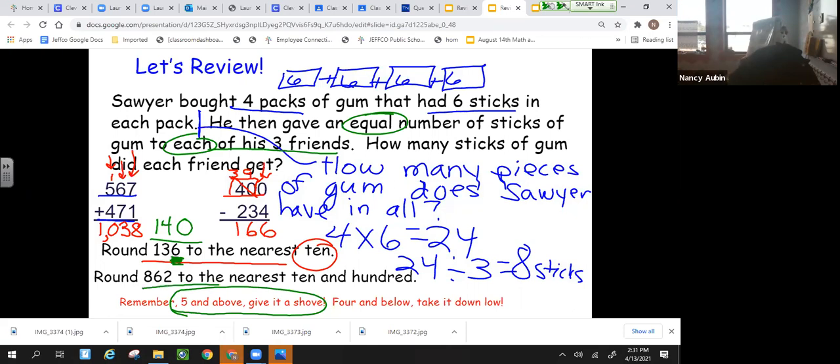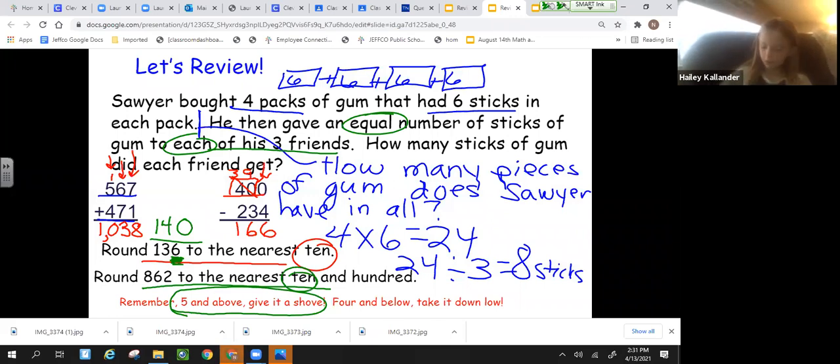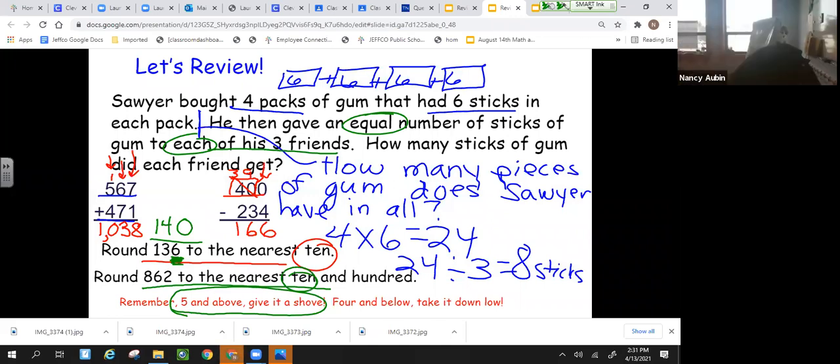Round 862 to the nearest 10 first. What would we round that to, Sunny? 862. Would it be 860 or 870? 860 because of the 2 in the ones place. But what if I want to round that to the nearest 100?